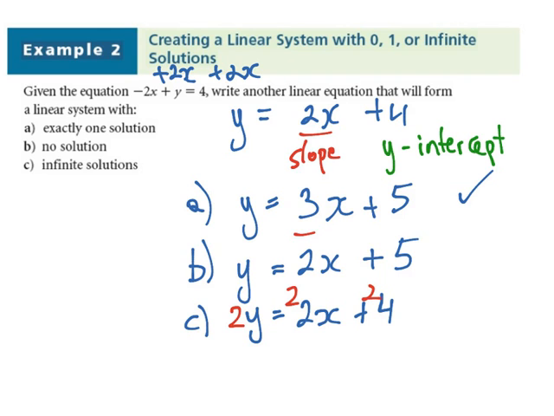So we get 2y is equal to 4x plus 8. And this is a line that has an infinite amount of solutions when graphed with y equals 2x plus 4.